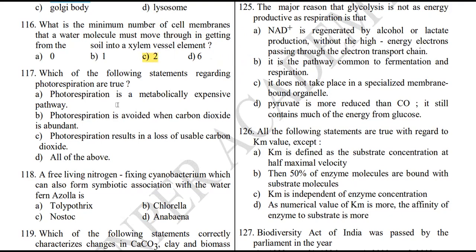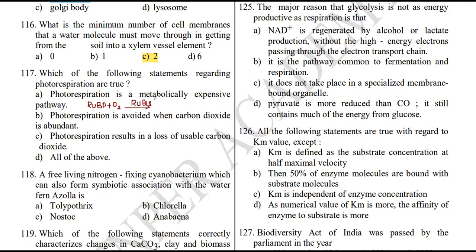The next one, which of the following statements regarding photorespiration are true? Okay, first we have to understand what photorespiration is. We already know photorespiration is a wasteful process, because in photorespiration, what exactly happens is RuBP combines with oxygen in the presence of rubisco.